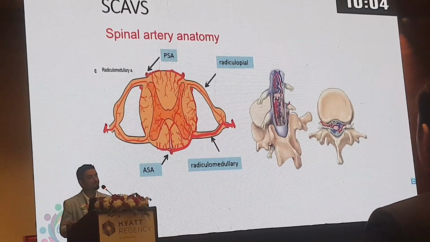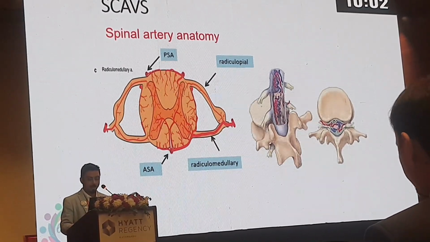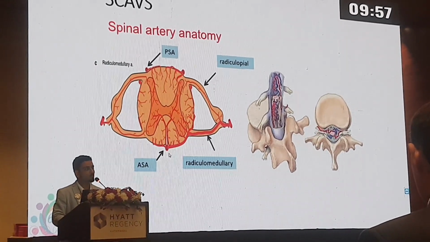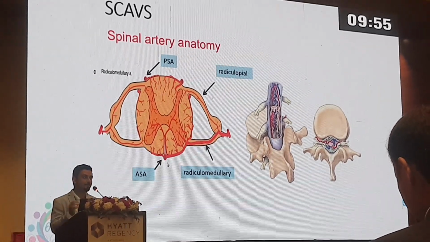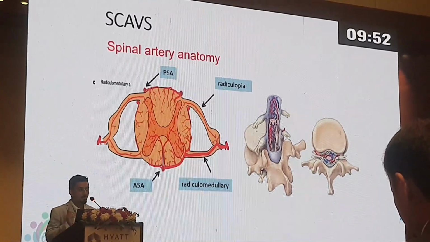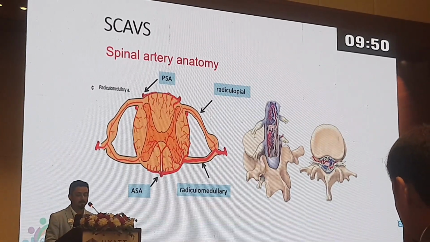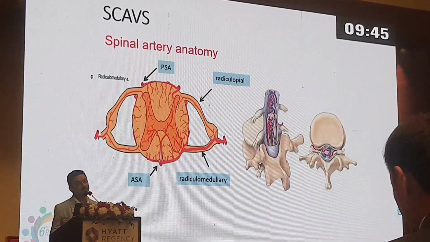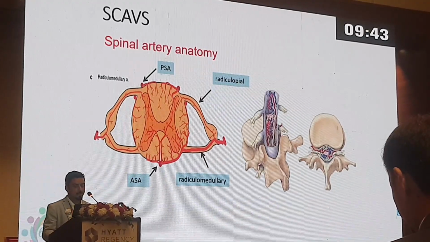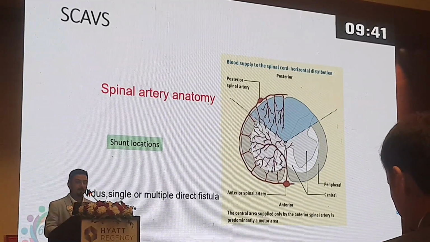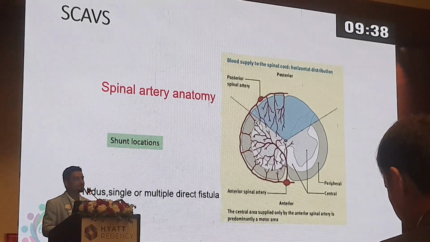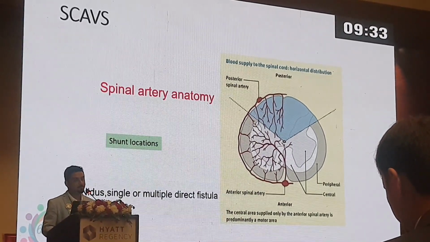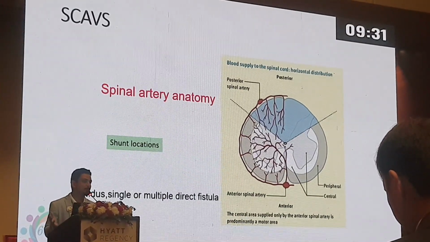Shortly recapitulating our anatomy, we have the longitudinal axis, the anterior spinal axis, which is made up of the radiculomedullary feeders from different levels. Likewise, we have two posterior spinal arteries fed by radiculopial arteries at different levels. One thing I would like to emphasize is that in many textbooks they describe the anterior spinal artery as supplying the anterior third of the cord.